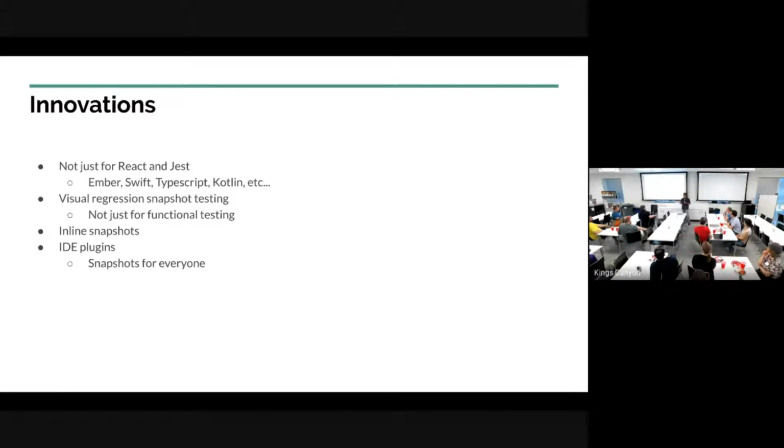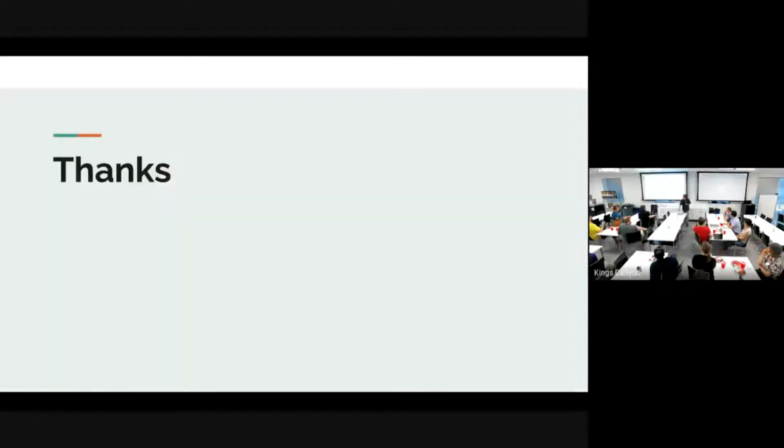Whether it's flipping between your snapshot files quickly, hovering over to see your snapshots inline, or some other signal within your tool giving you an indication of how your snapshots are doing. We're starting to see this ecosystem really build out. So I think they're trying to push out snapshots as something that's useful for everyone. And that's it.